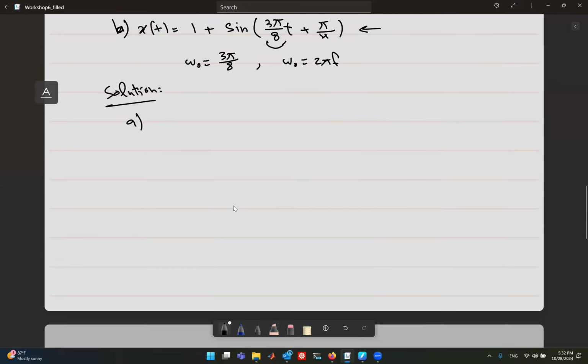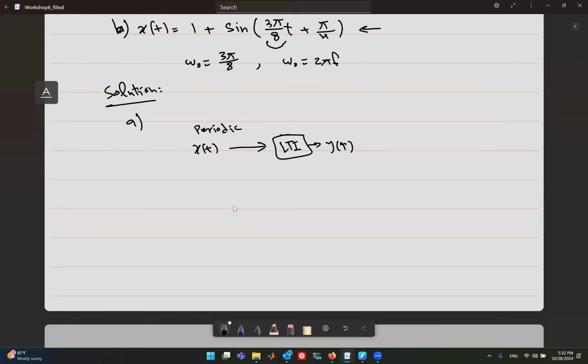Remember that for an LTI system, let's say this xt, which is periodic, goes into an LTI system.